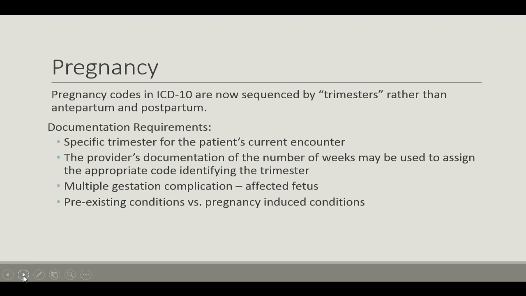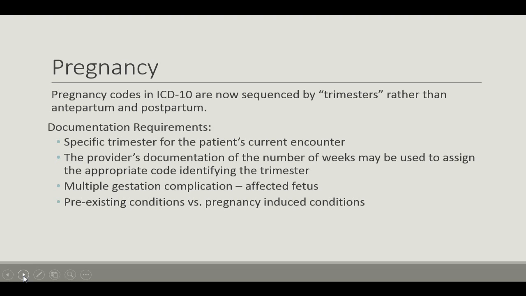What if you have a patient with multiple gestations, say twins, who goes into preterm labor and one of the fetuses is considered malposition? There's a 7th character to designate which fetus is in the malposition, fetus 1 or fetus 2. So the documentation is important here to apply the proper code because you have to identify which fetus.